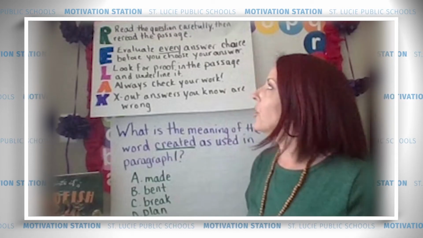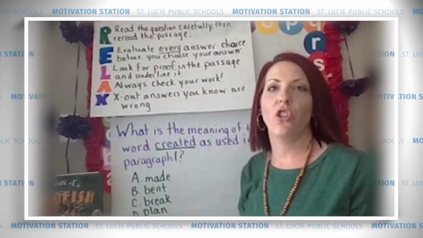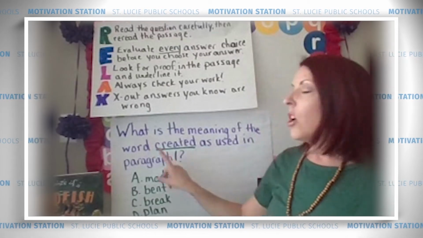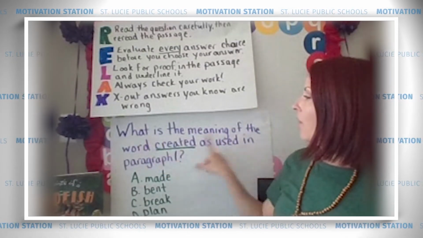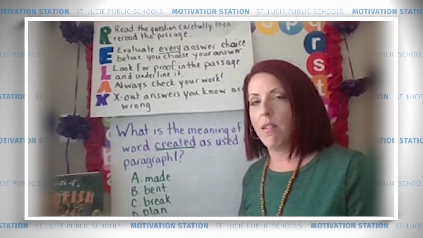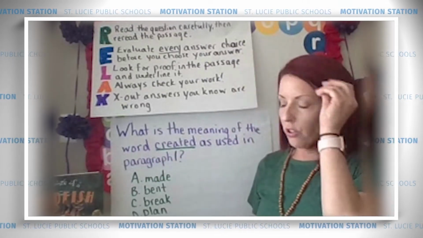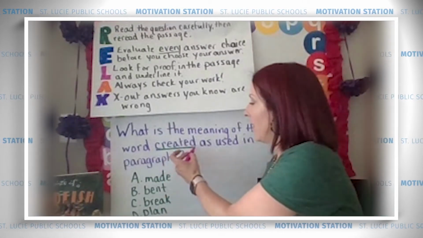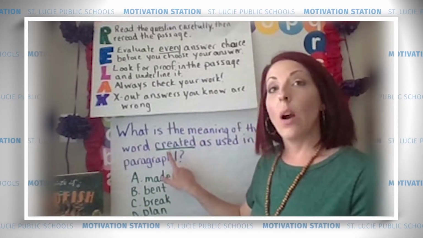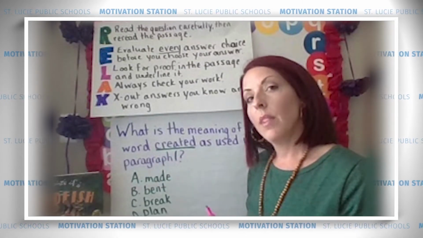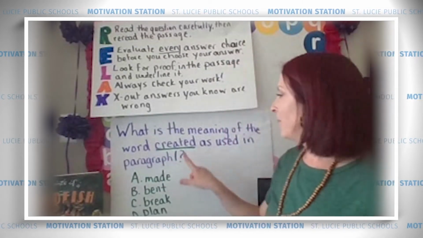All right, so the first step that we want to do is we're going to read the question. So I have a question here for you, boys and girls, and it says, what is the meaning of the word created as used in paragraph 1? Okay, well, boys and girls, we want to make sure that we pay close attention to this word right here. What do you notice about this word, boys and girls? I thought I heard somebody say it.